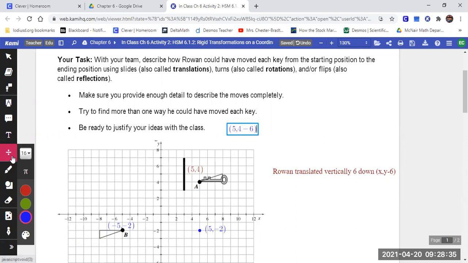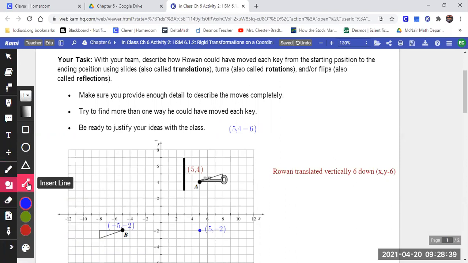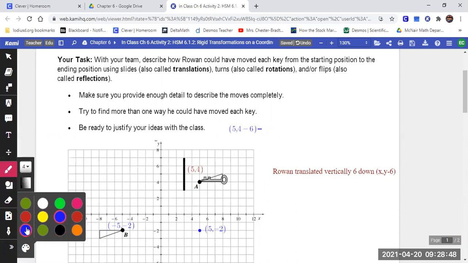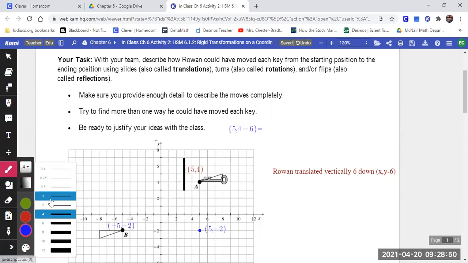Would that get us what we want, which was the 5, -2? Yeah, it does.